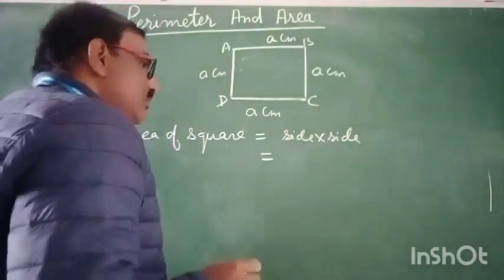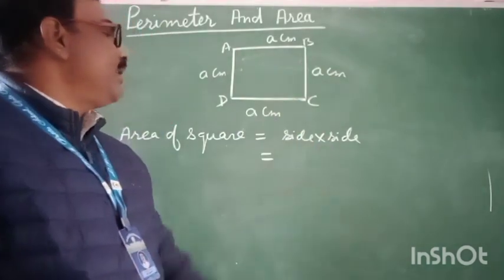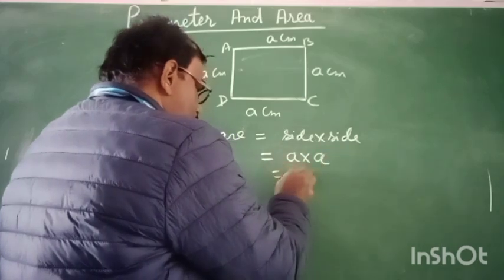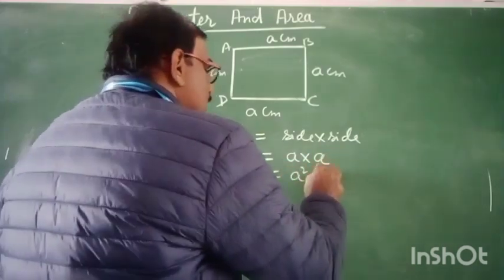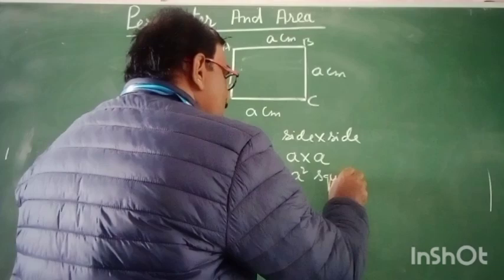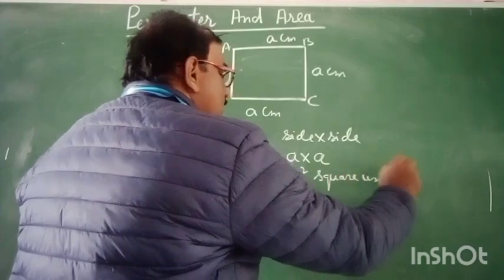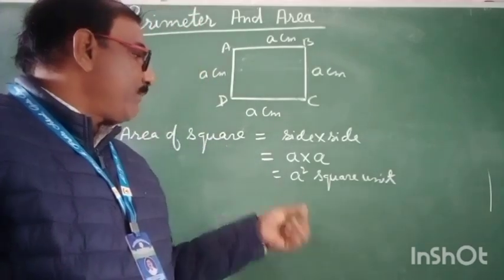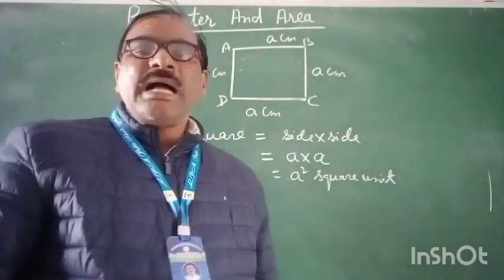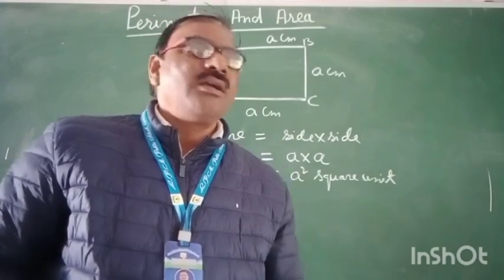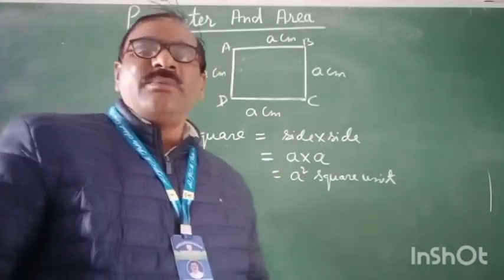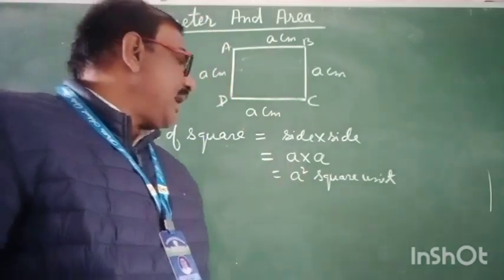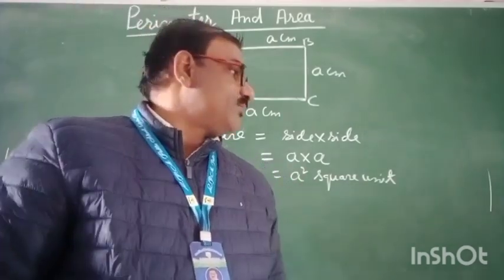Here the length of the side is A, so it will be A multiplied by A, equal to A square unit. It means if the side is given in centimeter, then the area of the square will be A square centimeter, and if the side is given in meter, then the area will be A square meter.